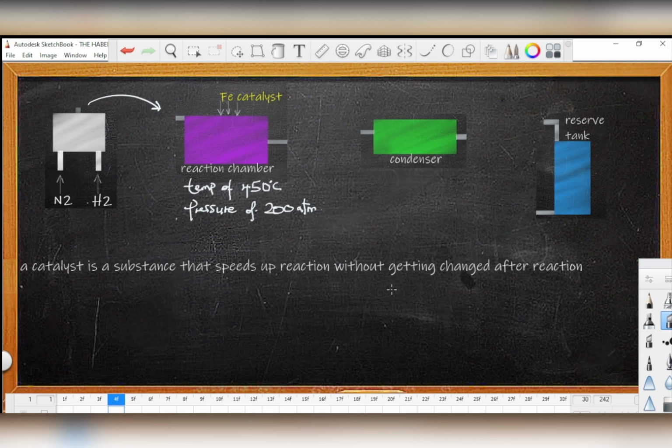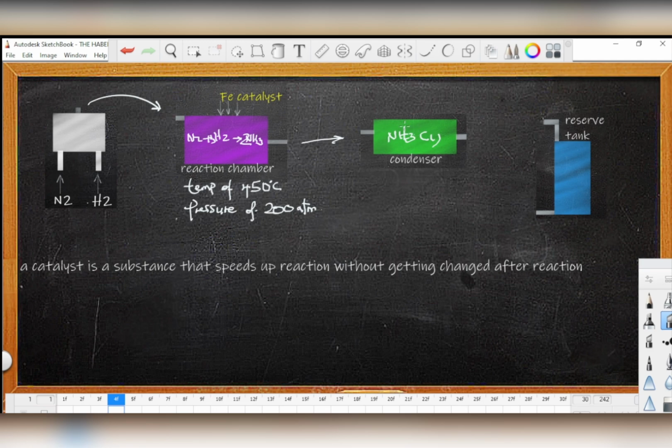Now, the third thing is, after this, the reaction we talked about now forms ammonia. The ammonia, this is balanced. The ammonia is now sent to a condenser where it becomes ammonia as a liquid.